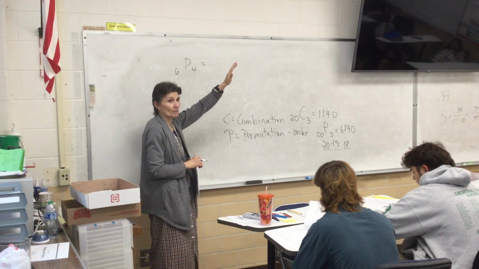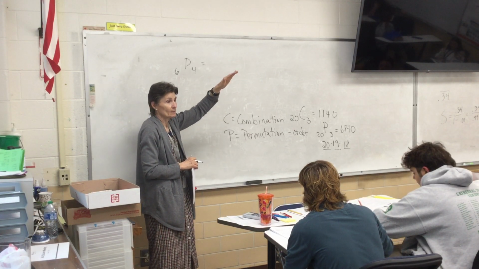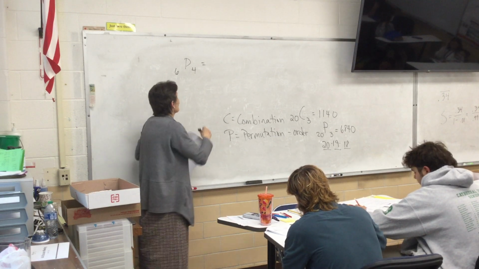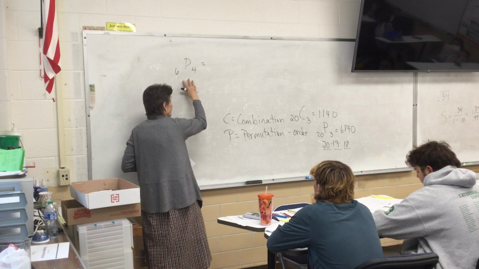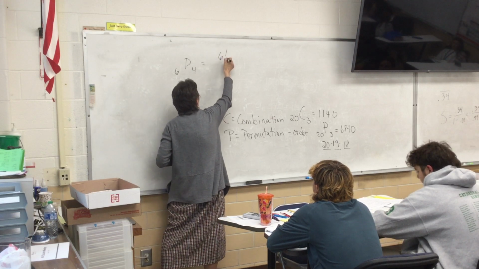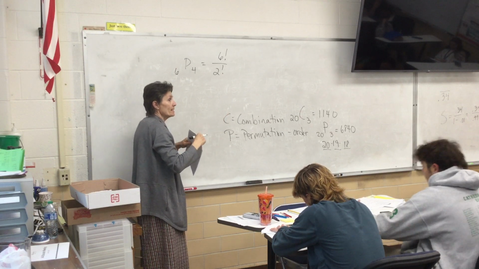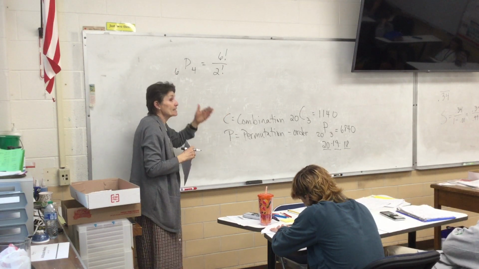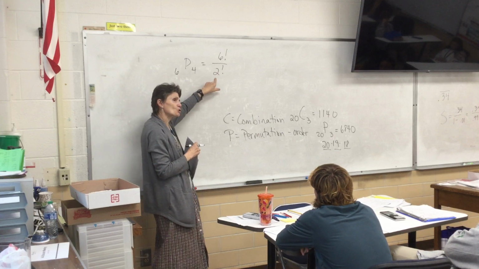I think you guys forget we did the very same math you're doing, but we did it without a calculator. So how did we do this? Well, the formula for P's for this one would be 6 factorial over 2 factorial. Now, where do you think the 6 came from? 6. Right there. Where do you think the 2 came from?